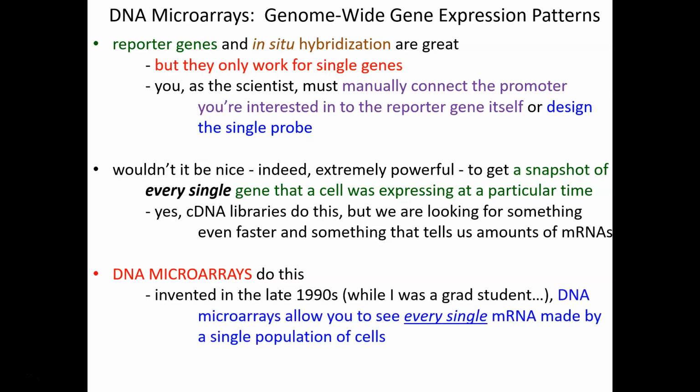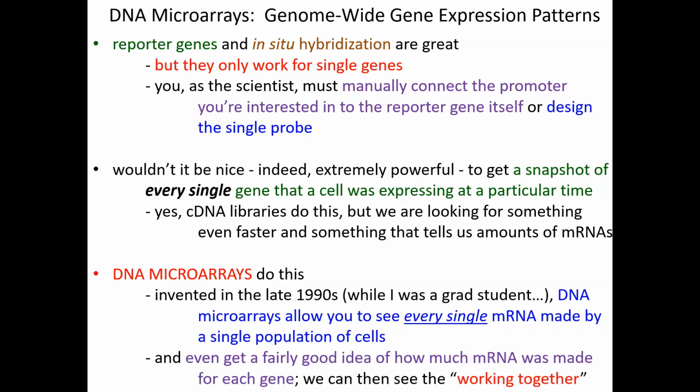It was invented in the late 1990s. Actually, this was invented while I was a grad student, so I saw this just emerge and explode onto the molecular genetics scene. DNA microarrays allow you to truly detect every single gene that is being transcribed by a single population of cells, period, across the whole genome. That means we're looking at and detecting the presence of every single messenger RNA made by that cell.